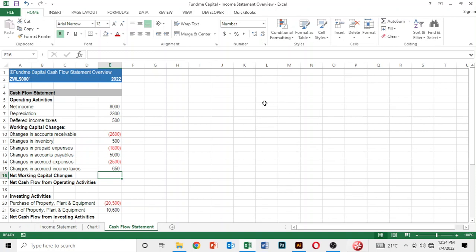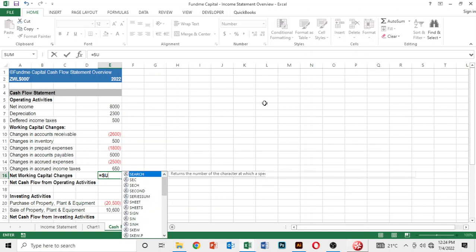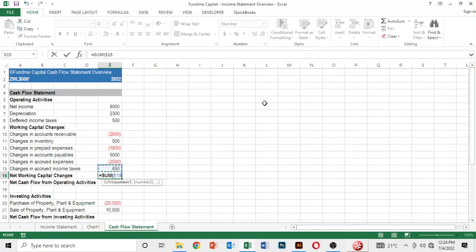Now let's compute that. So let's just say equals, and then sum. Let's sum up this, right? And then here, let's sum up this as well. And then you can say plus, and that's 100%.